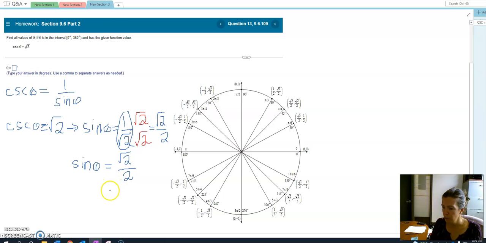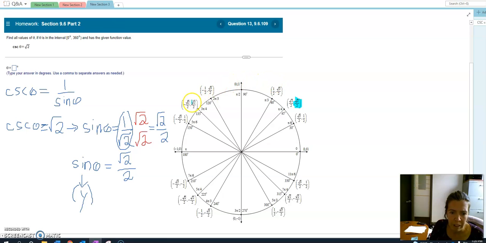So now we can go over and use the unit circle to try to identify solutions. Remember that the value of sine of theta is given by the y-coordinate on the unit circle. So we'd be looking for when is the y-coordinate equal to the square root of 2 over 2. So if we're focused on the y, let's see, it's 0, 1/2, here we go, square root of 2 over 2 right here.